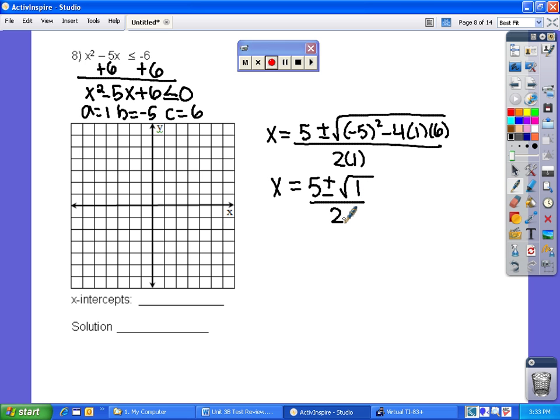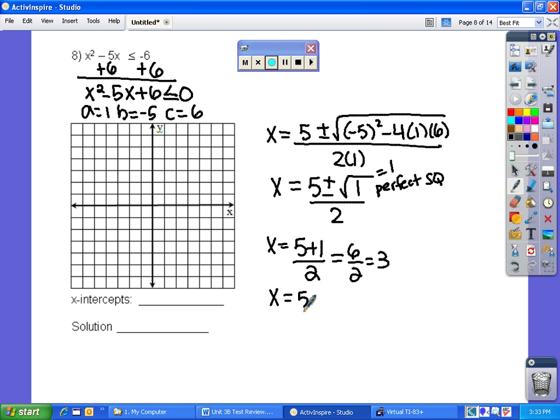Now the square root of 1 is a perfect square, so we can just find the square root and that's equal to 1. So we have 5 plus 1 over 2, and we have 5 minus 1 over 2. So we can plot those 2 points.